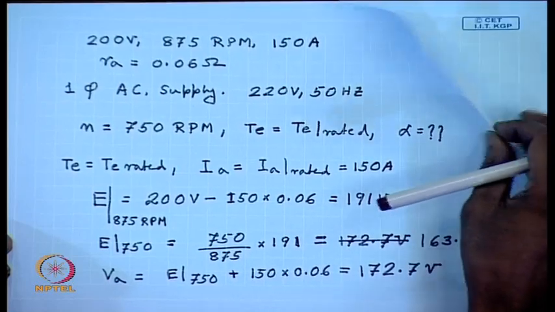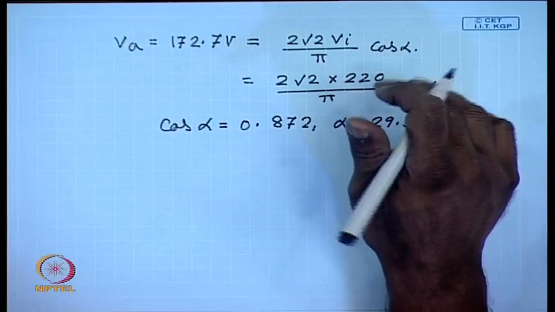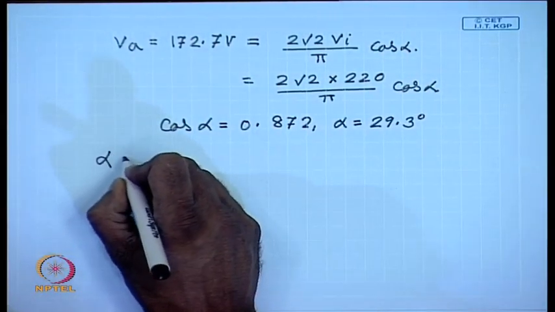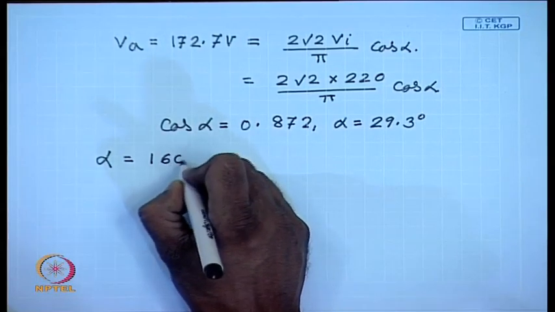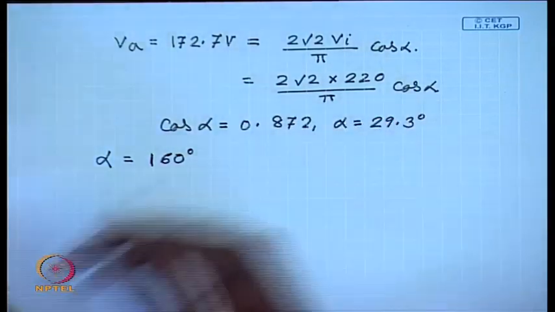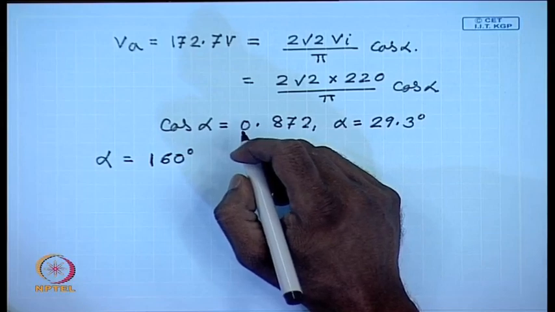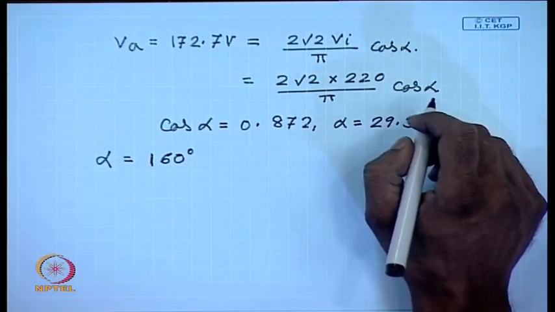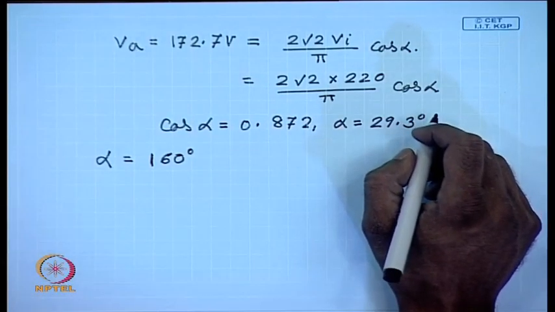supplying rated torque. Now, looked at the other way, let us say we have increased this alpha to 160 degree, but it is still developing rated torque. So, what will be the motor speed in that case?